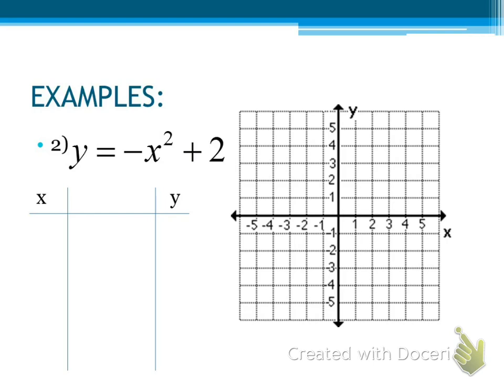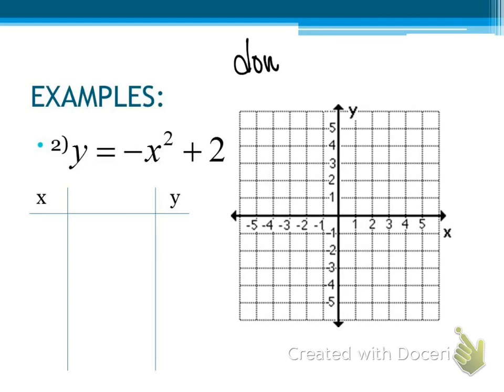All right, on the back, example 2, we've got y equals -x squared plus 2. So again, on your paper, we've got the opens part. Which way is this going to open? Down. Why? Good. In front of our x squared, we've got a negative, which means it's a -1.